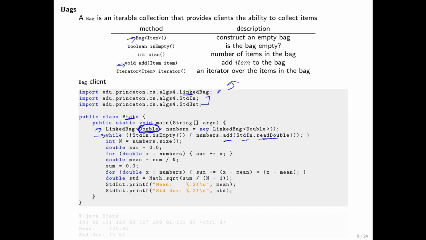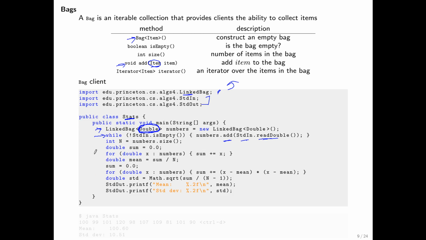And notice that there is auto boxing going on here because read double gets you a primitive double, but add can only take an object. But Java will automatically turn that primitive double into an object double and store that in the bag. We do this as long as stdin is not empty, and when this while loop is done, we have all the numbers from stdin stored inside of that bag.